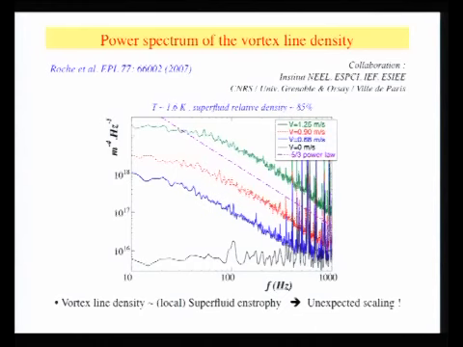The most generally admitted idea is that vortex line density can be thought of as superfluid entropy, vorticity, and one doesn't expect the entropy in a classical fluid to scale like a Kolmogorov power law. So that was unexpected, and this is the puzzle that we try to address.